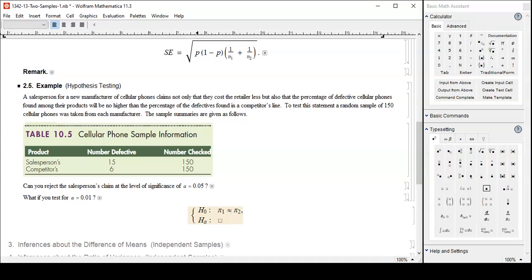In this particular case, that means the defective proportions are the same. Look at the sample. They look very different. 15 out of 150, that's 10%. 6 out of 150, what is 6 out of 150?